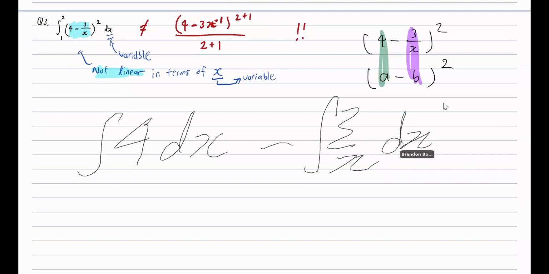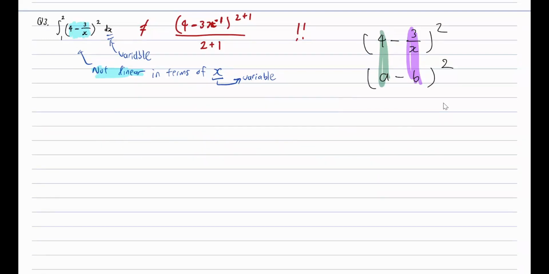And where's my square? Oh yeah, the square is applied to the whole expression. You cannot distribute the integral into the square. No such thing. Wow, that would be a very interesting function.